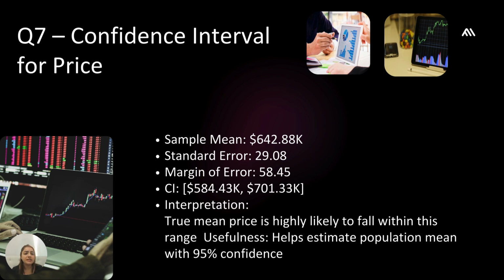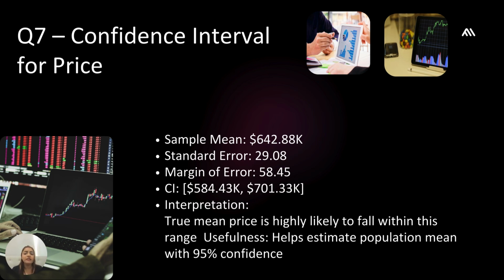In question number 7, it is the confidence interval for price. We calculated a 95% confidence interval to estimate the true average price in the population, wherein the mean price is equal to $642,880. Standard error was 29.08. The margin of error was 58.45.